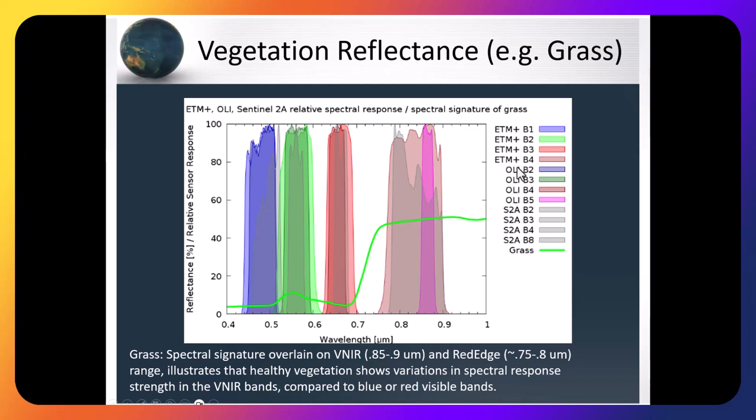That's not as important because these different sensors are designed in different ways. But what's important to know here is that the engineering of these detection sensors is constructed to match with the typical responses of materials that people want to create maps from.